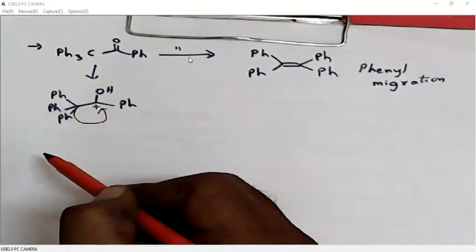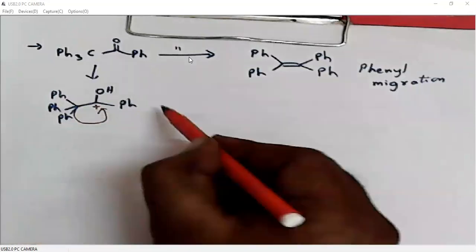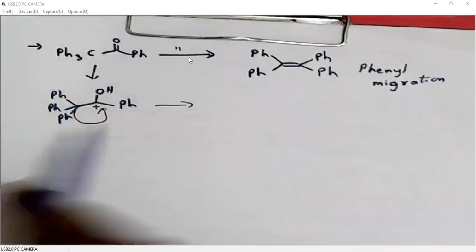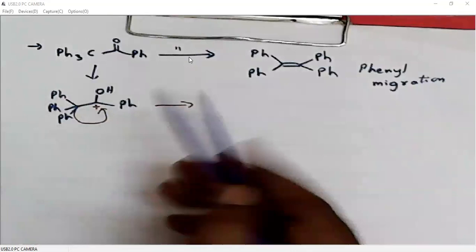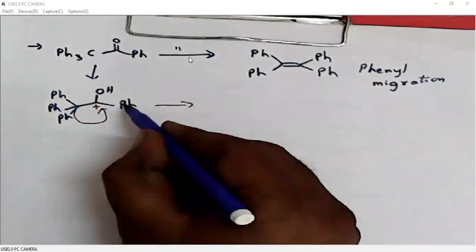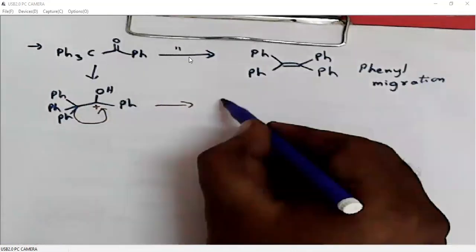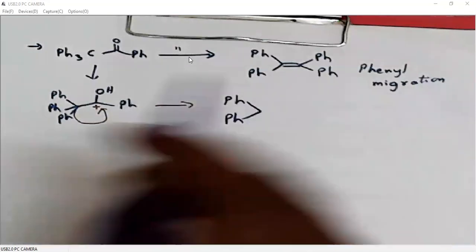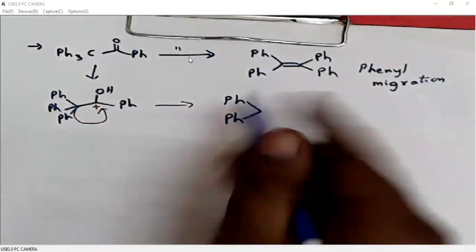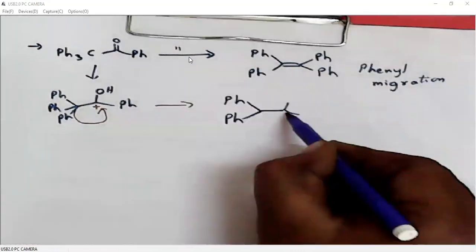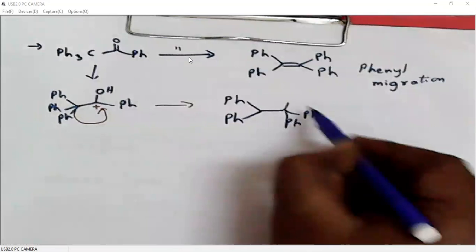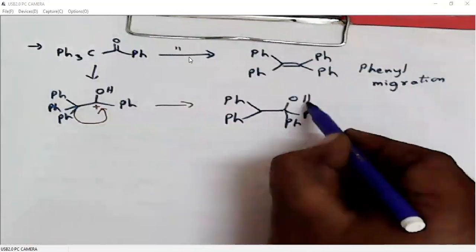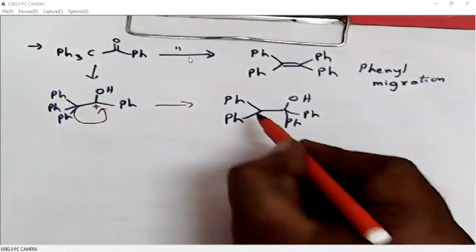Why does it undergo migration? See here, it is a secondary carbocation and we have only one phenyl group and one OH group. But when the phenyl migration occurs, then we have Ph, OH, and a carbocation here.